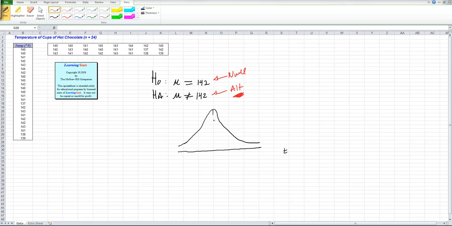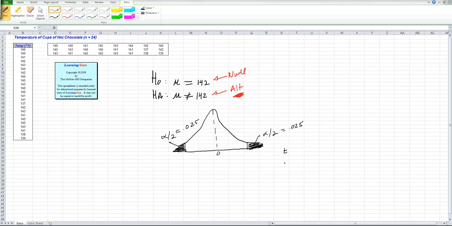In any event, the picture of this test is going to have a rejection region on either side. We're concerned both if the temperature is too hot or too cold, and that is 0.025 on each side.